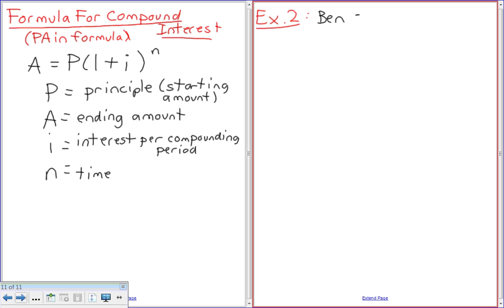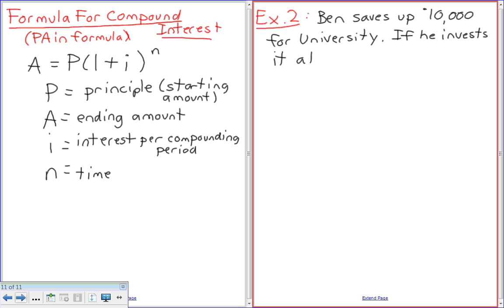Ben saves up, say, $10,000 for university. If he invests it at 8% for 4 years, how much will he have?